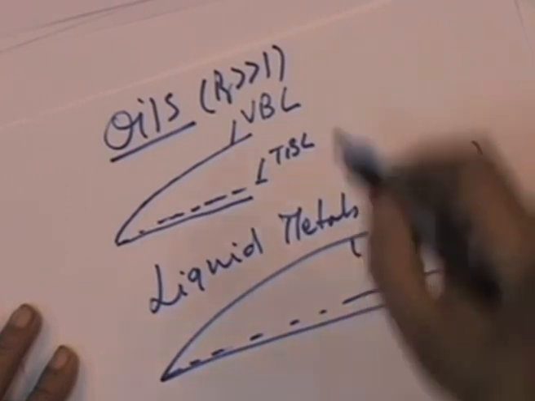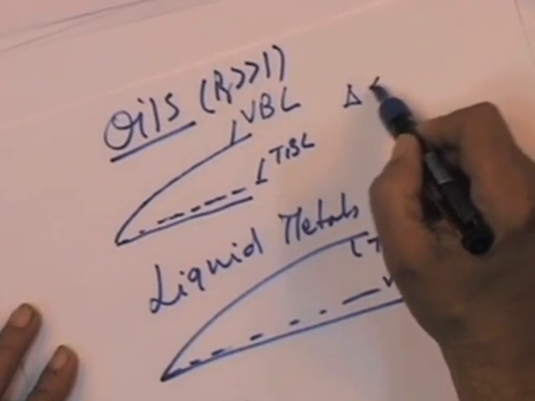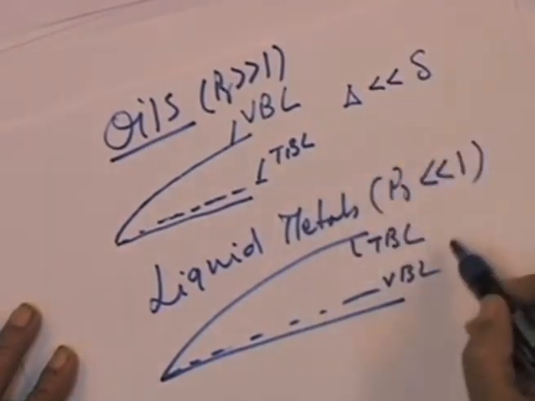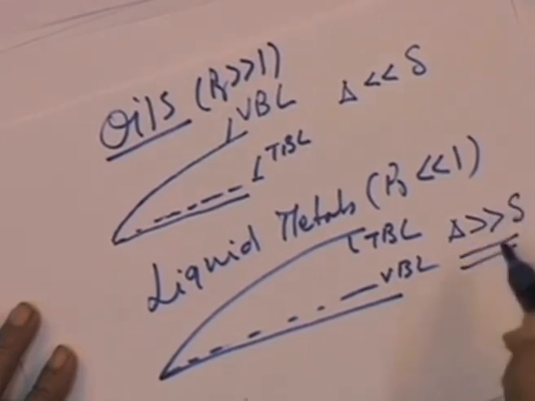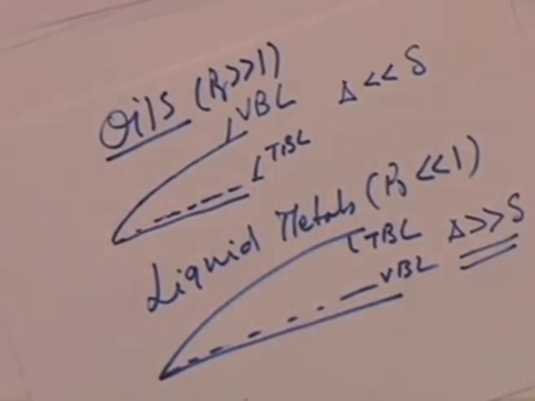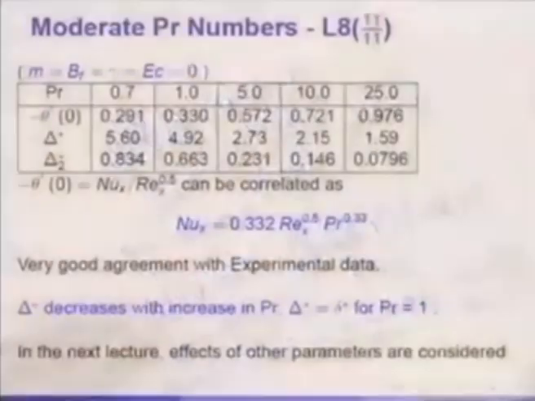So, here the thermal delta is much, much smaller than the velocity delta, whereas here the thermal delta would be much, much greater. This important deduction we will make use of in several further developments of both the similarity method as well as the integral method that we will be discussing much later.